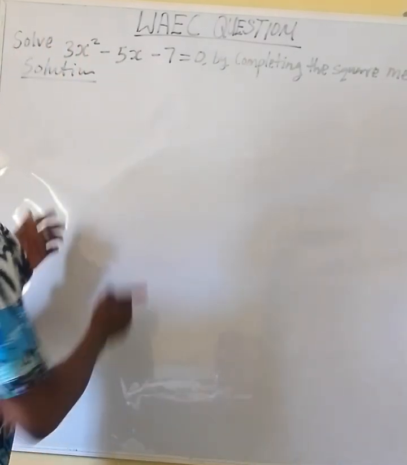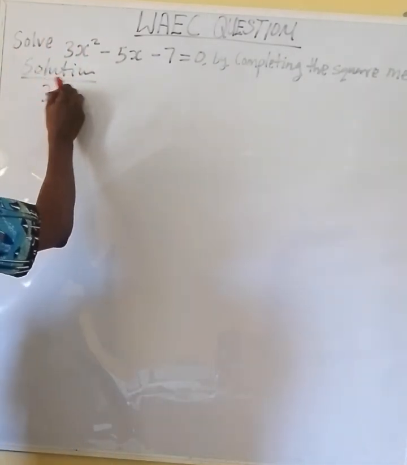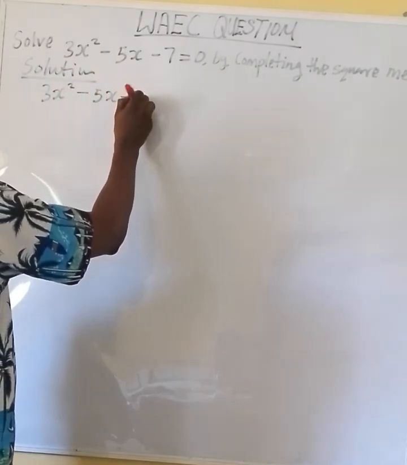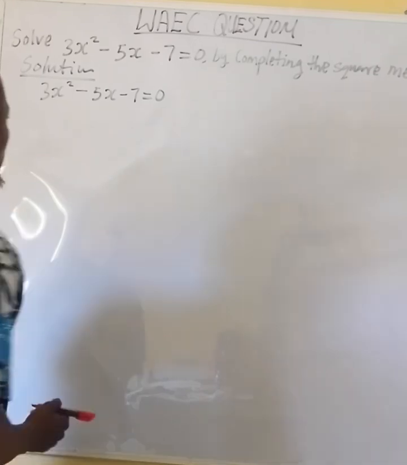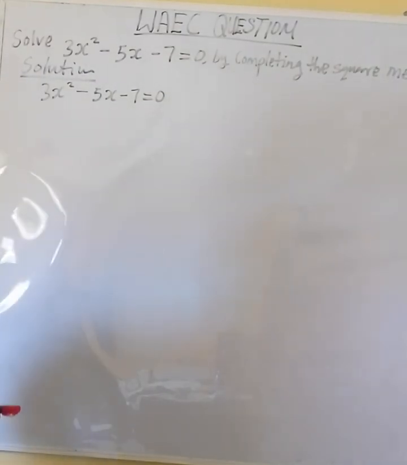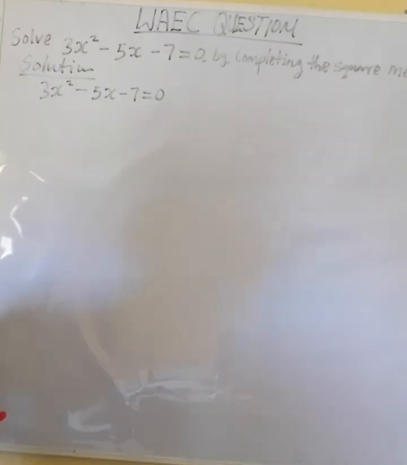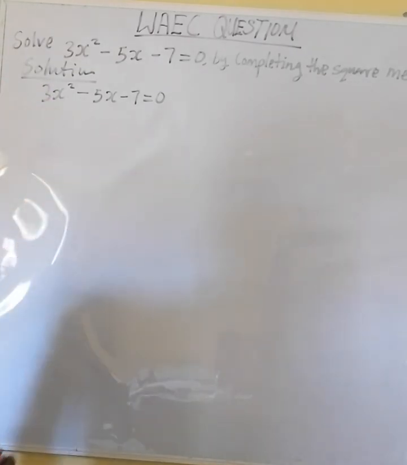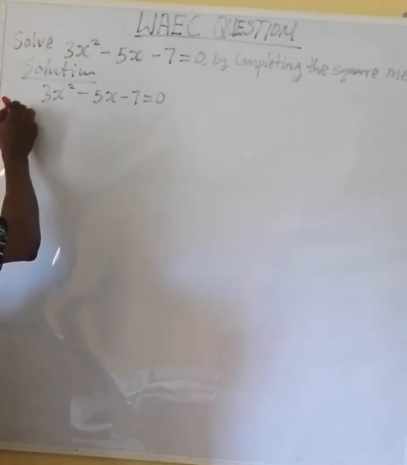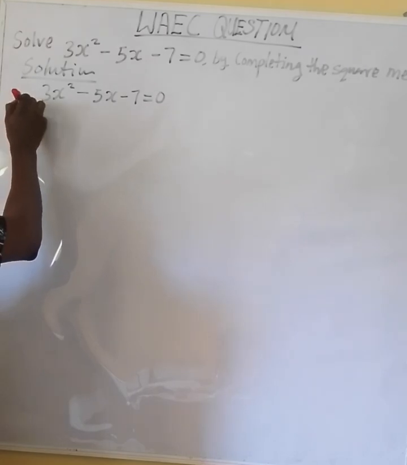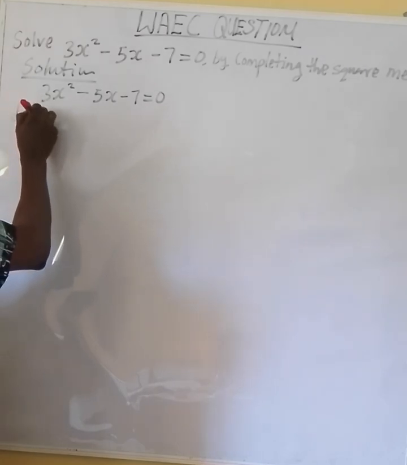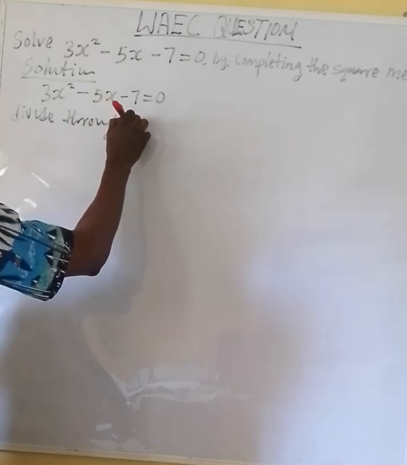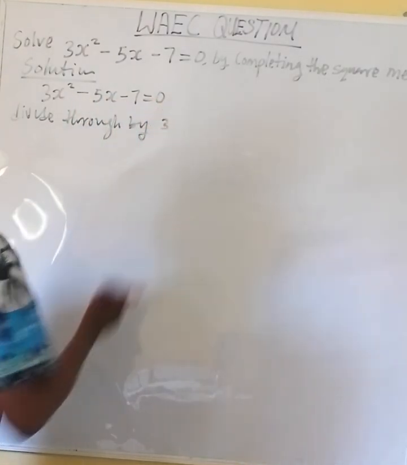So we have 3x squared minus 5x minus 7 equals 0. By the completing the square method, the first thing we do is divide everything through by the coefficient of x squared, which is 3.